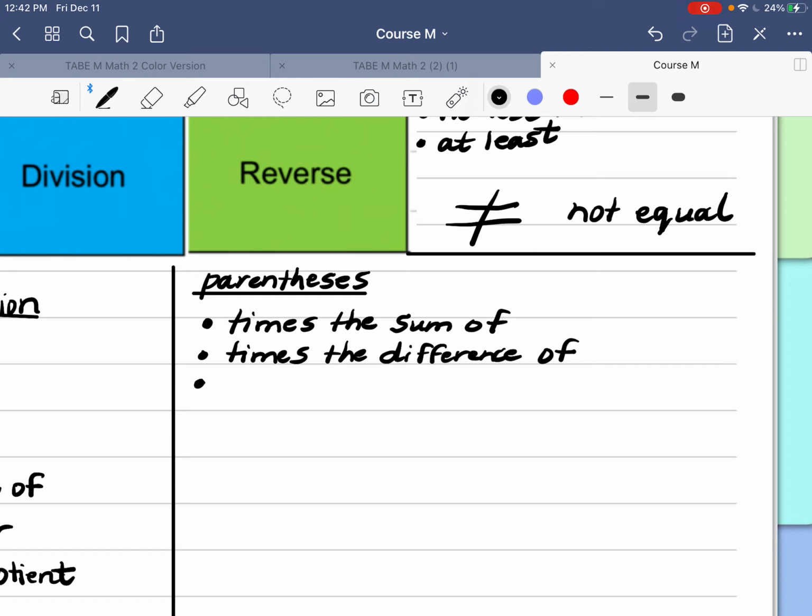Plus the difference of. Or times the quantity. Actually, let's just say quantity here, because that word will usually, not always, but usually will indicate that there are parentheses in your problem.